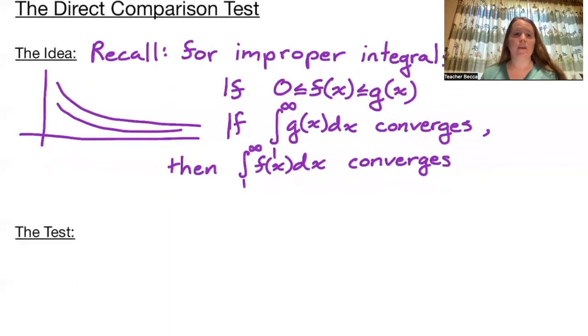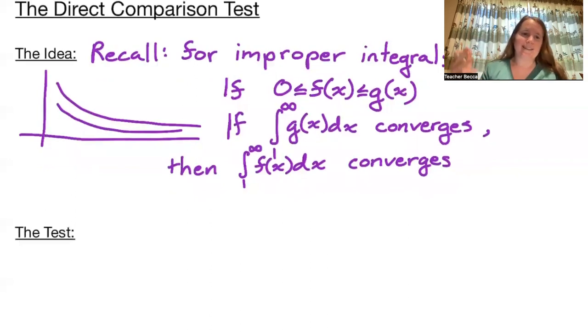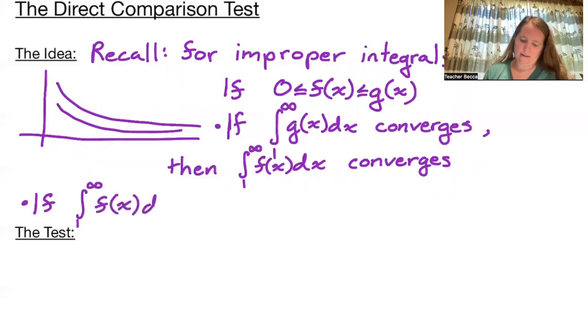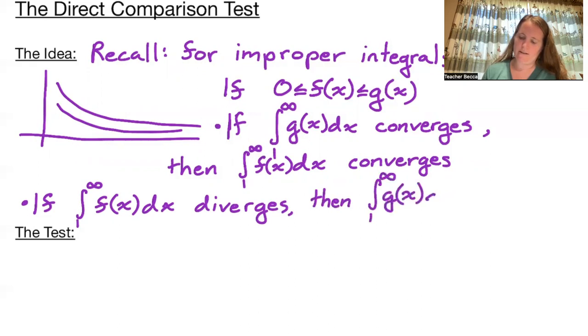And similarly, if the inside integral diverges, it's contained in the other one, so that must also diverge. So if the integral from 1 to infinity of f of x dx diverges, then the integral from 1 to infinity of g of x dx diverges.